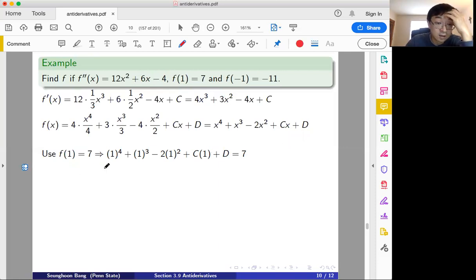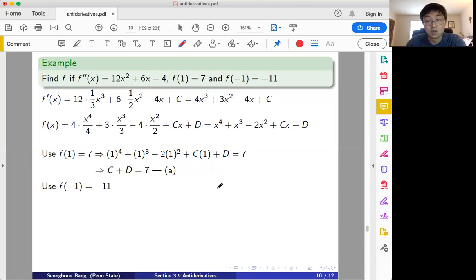So 1 to the 4 is 1, plus 1 cubed is 1, negative 2 plus c plus d equals 7. So canceled, exactly c plus d equals 7. So we have the first equation.